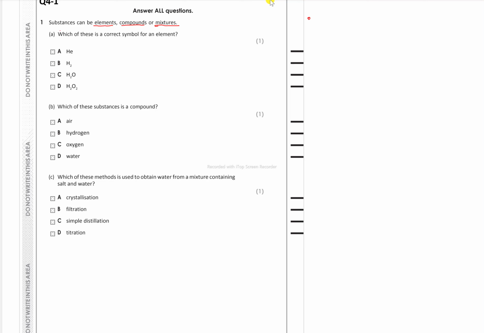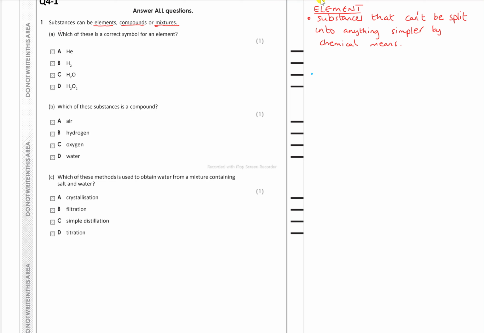So elements are substances that can't be split into anything simpler by chemical means. That is what an element is.